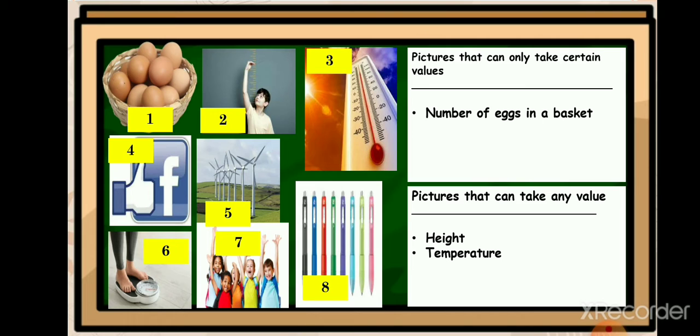Number 4, the picture is the Facebook likes. Where do you classify it? The picture can take a certain value. Number 5, the picture shows the wind speed. Where do you classify it? The picture can take any value. For number 6, the weight of a person.